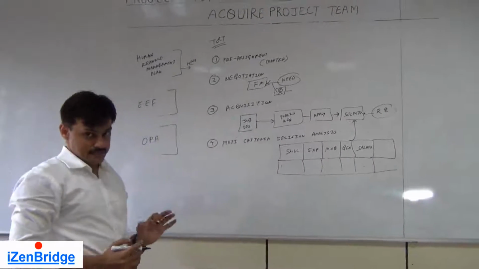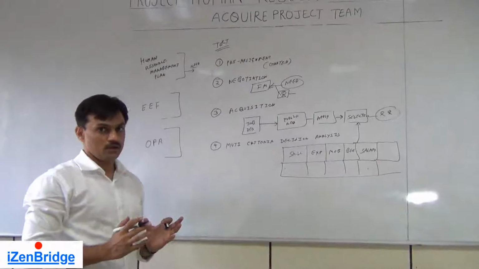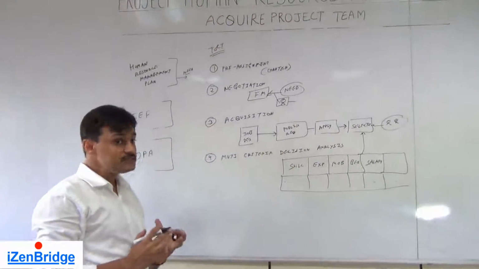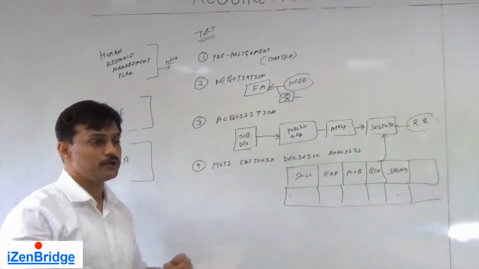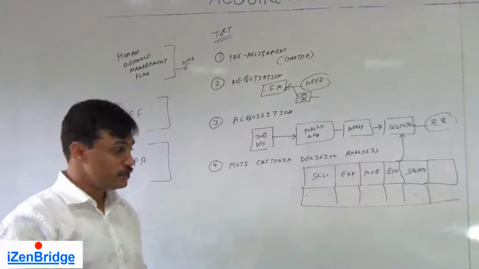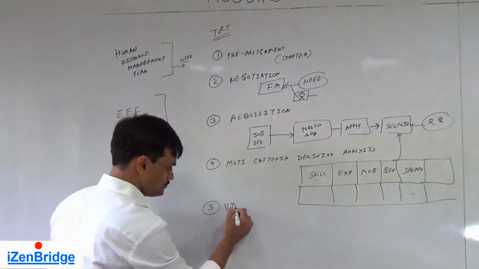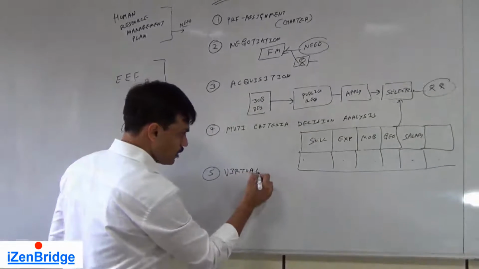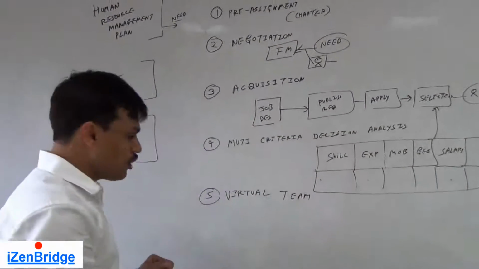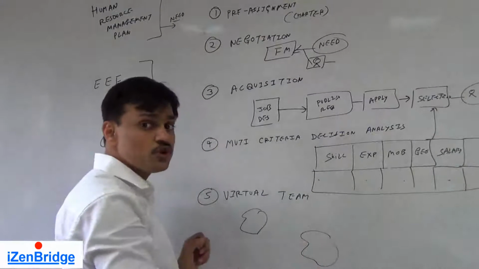In some cases, if you find that it is not feasible to get people on site, means you need that particular skill, but you cannot get them co-located in your project environment, you may need to go for virtual team. Now, virtual team is a tool and technique where we acquire people who are not in the same geography.